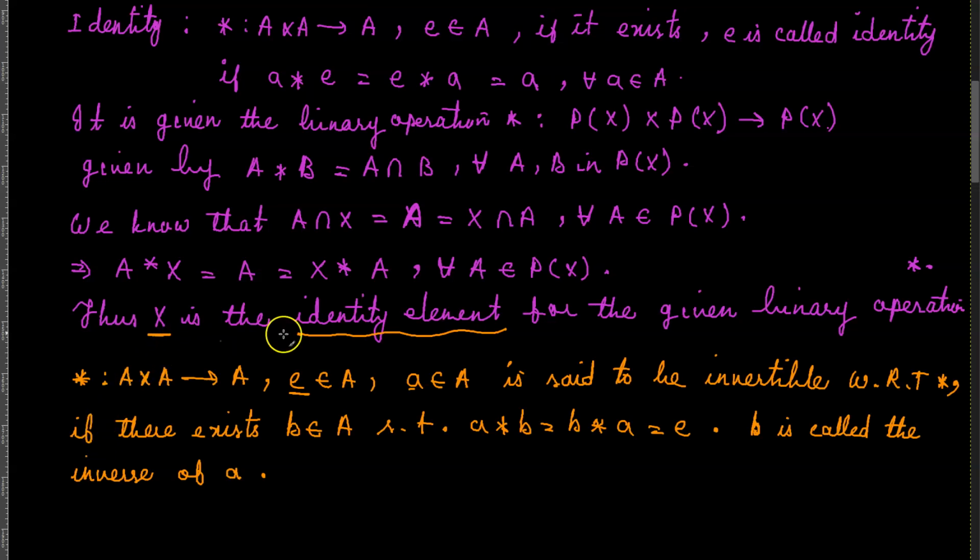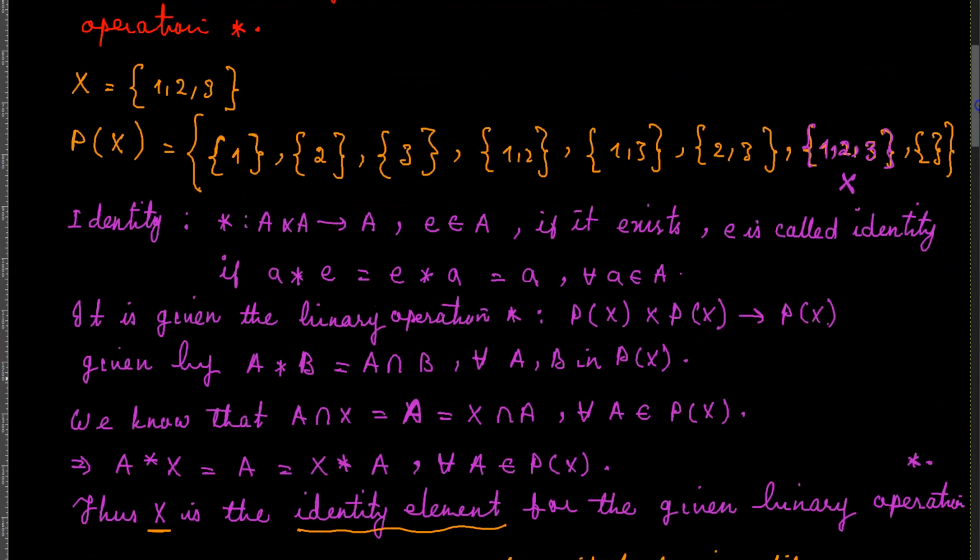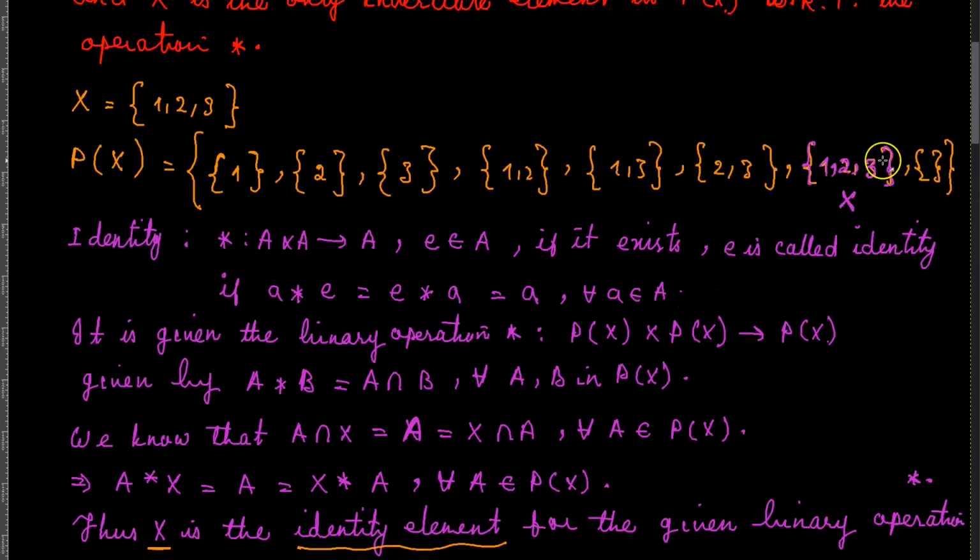So what that means is that, for example, in the case of this example, X over here is this set containing 1, 2, and 3, right?